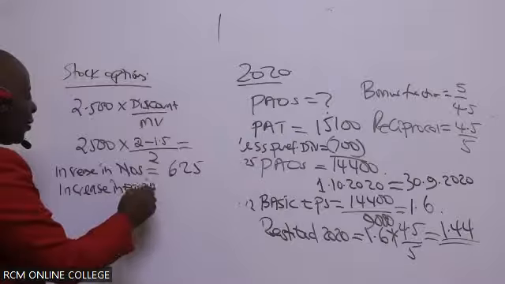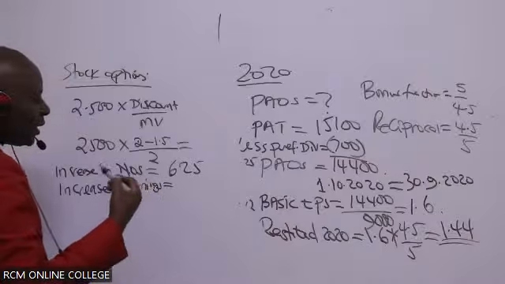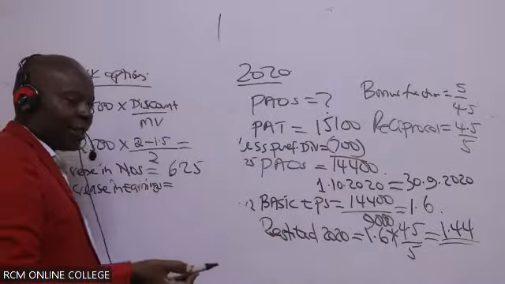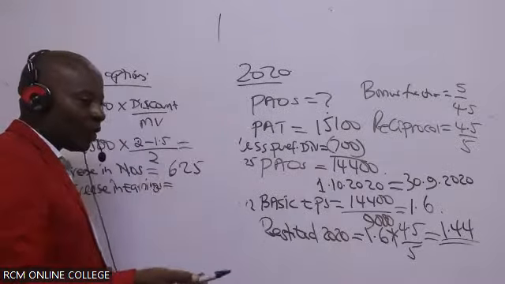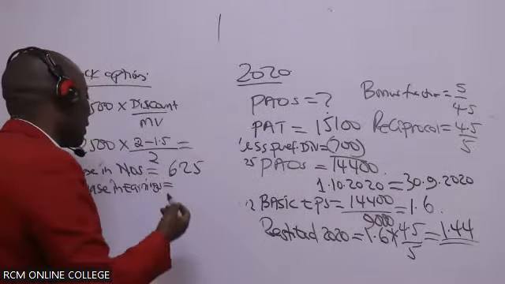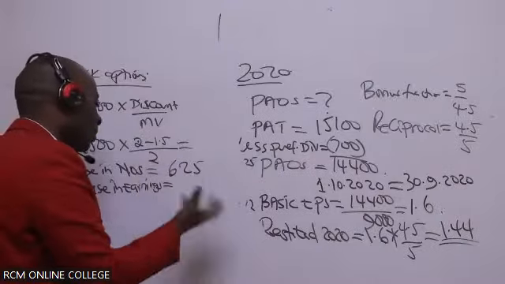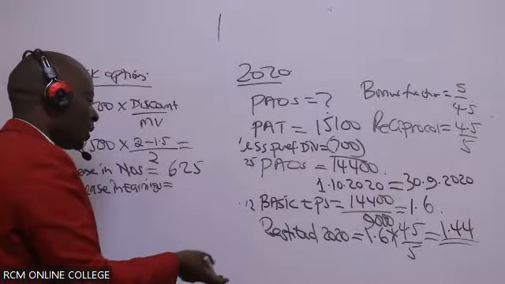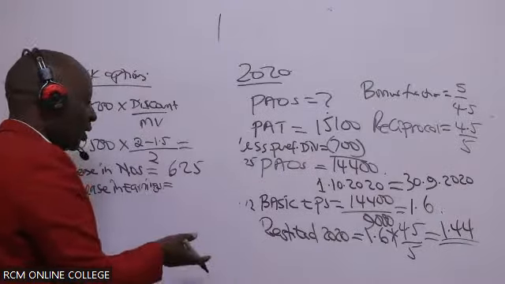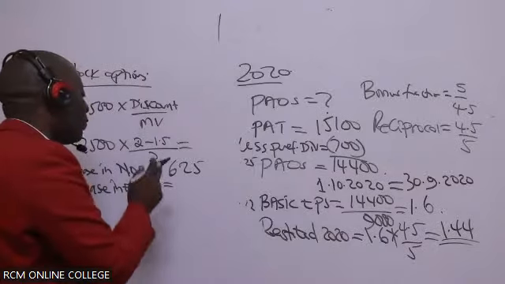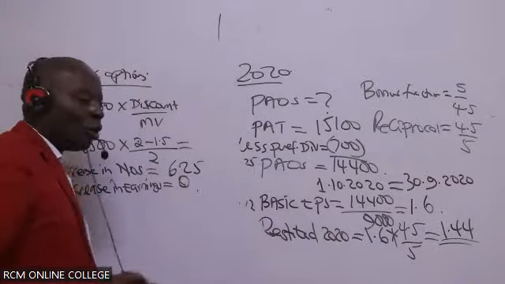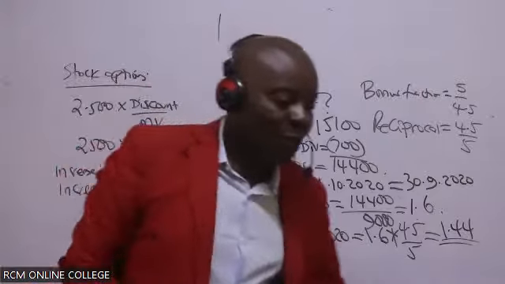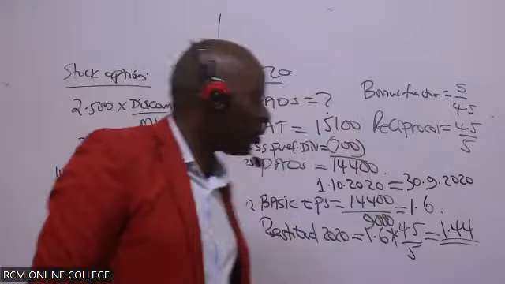We know that options, basically, we're giving these guys shares for free, or rather for a reduced price. So it's not like convertible bonds where we shall save interest. There is nothing you're saving here really. So increase in earnings for options will always be 0. Always 0.